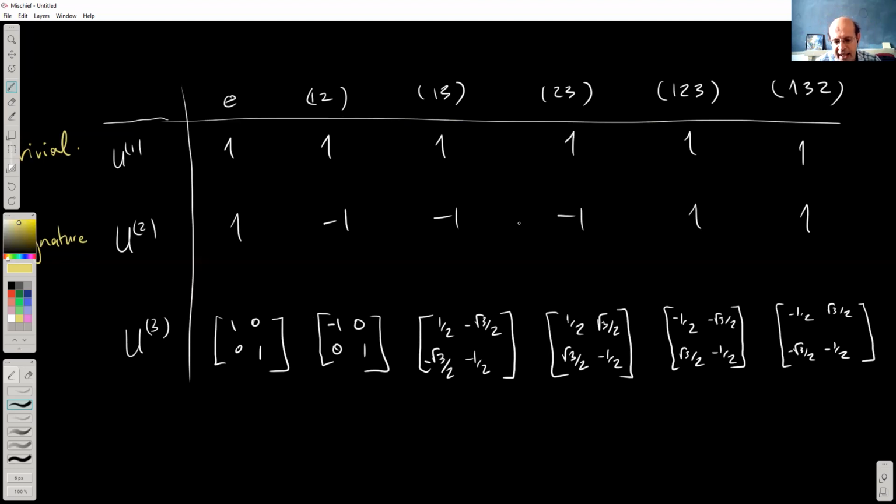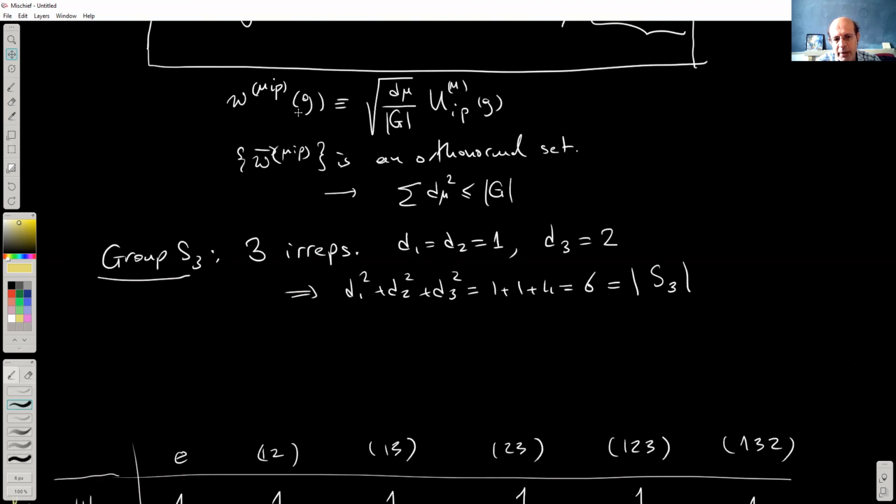So in any case, I'm just going to describe this procedure in here, and I don't know if it is useful or not. What I do is I take all of these matrix elements and multiply them with the square root of this dimension divided by the order of the group.